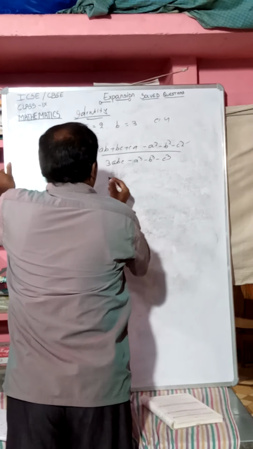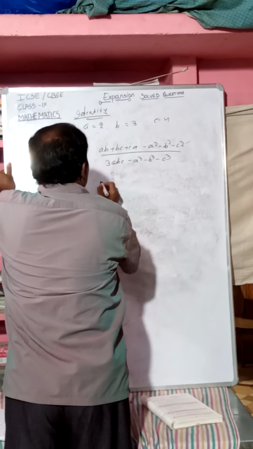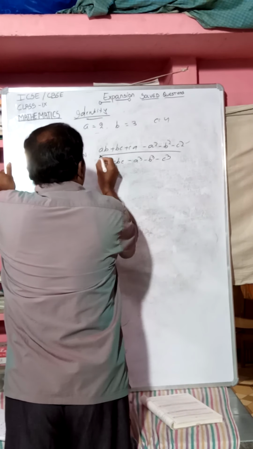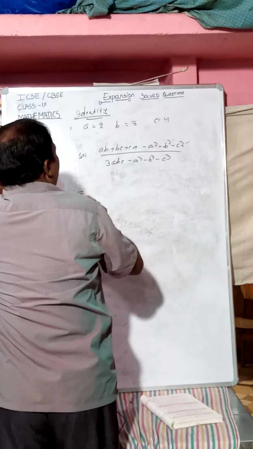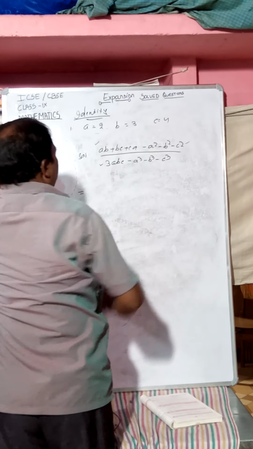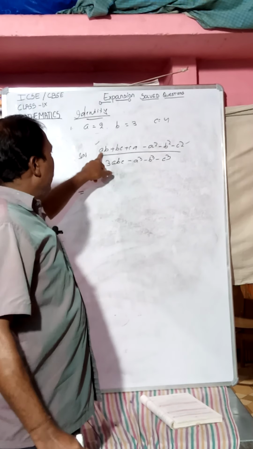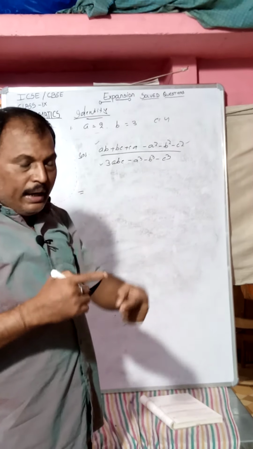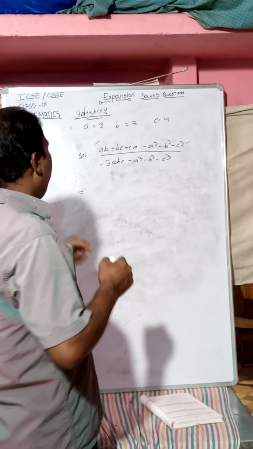Now turn to the fraction. This is the numerator, this is the denominator. We multiply on the numerator and denominator to bring it into formula form.